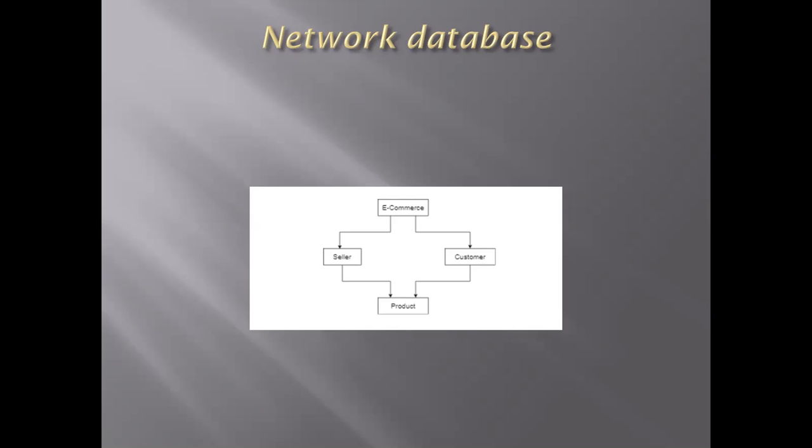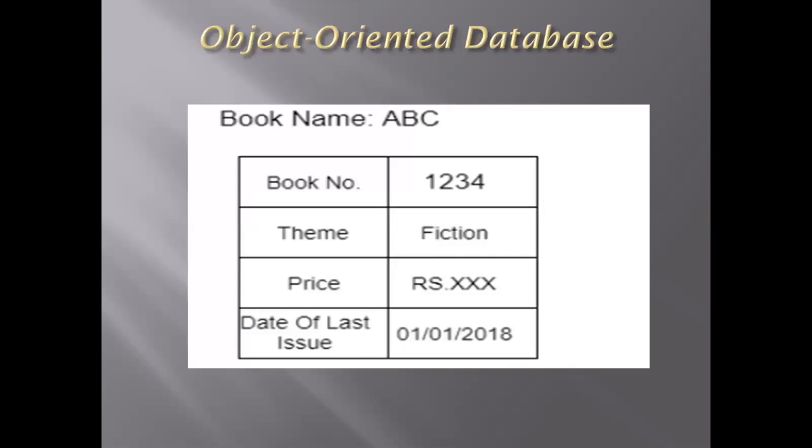Please remember this. This is about the network database. Object-oriented database. In an object-oriented database, for example, there is a name of a book. We segregate that name of the book and we access the book using the object name. Here the book name is ABC. So this is called an object-oriented database.